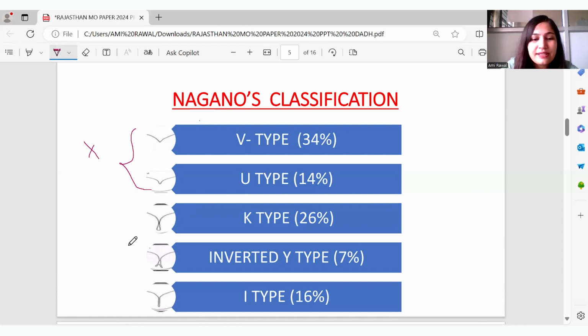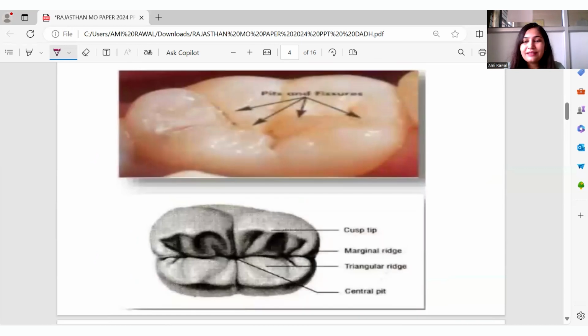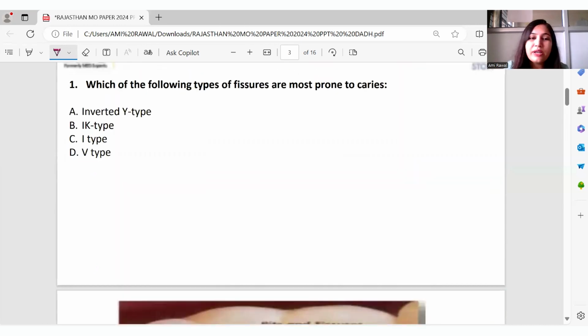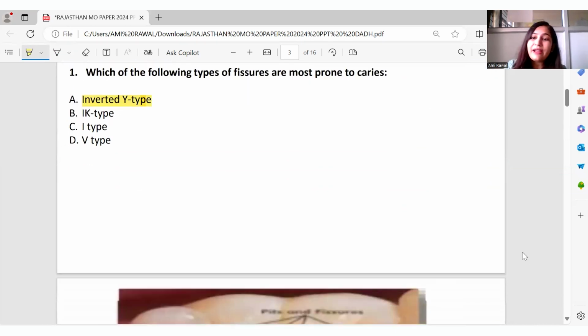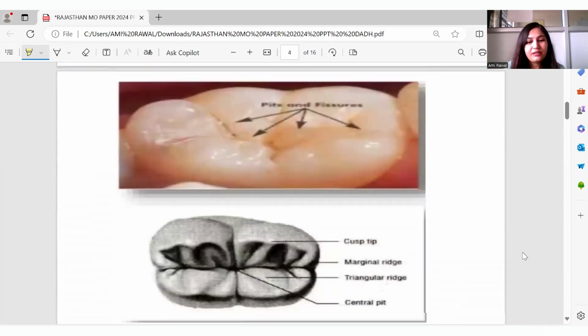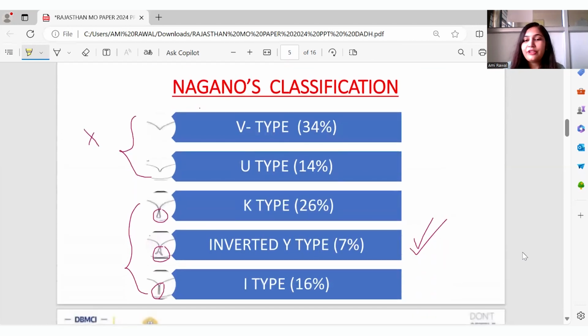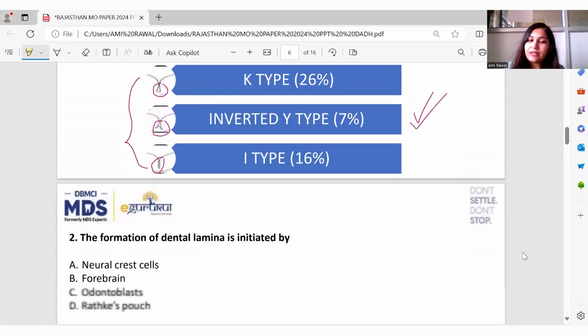While these are deep fissures, as we can see in this diagram, and I type, they are narrow and deep fissures, so they are more susceptible. Amongst the 3, the most susceptible is inverted Y type because of its shape. So the correct answer here is inverted Y type. V and U are shallow, and the rest of them are deep fissures.